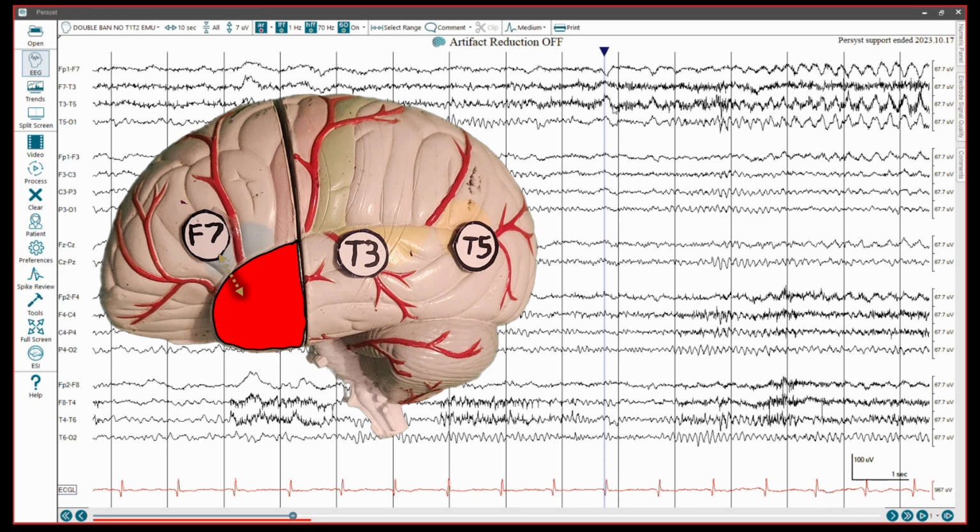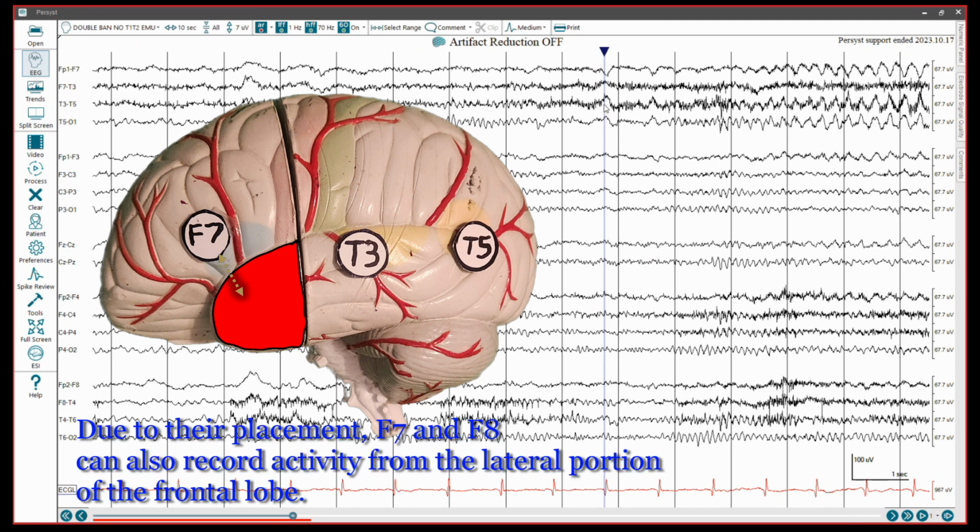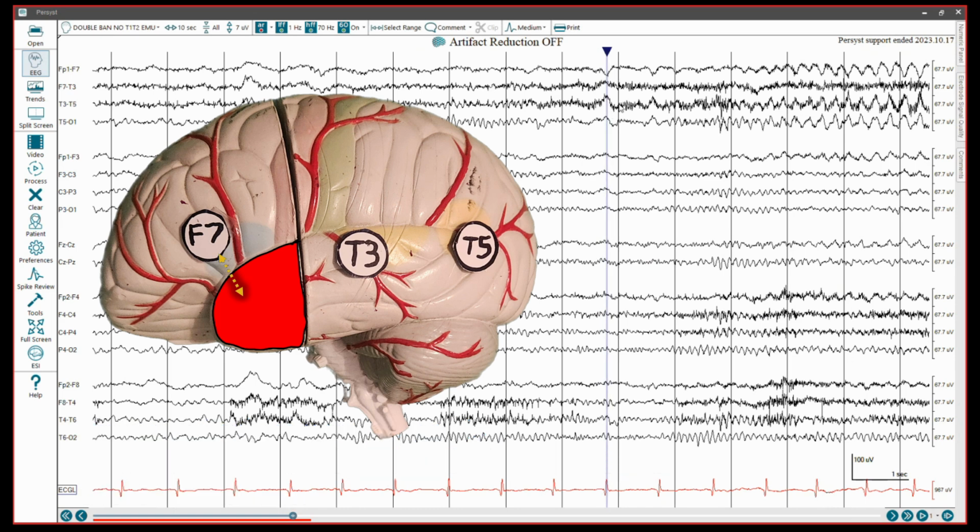They're actually located over the anterior portion of the left and right temporal lobes or temporal tips. So in this particular discharge, we're seeing a sharp wave discharge, which is being recorded from the left anterior temporal region. You can see that it's phase reversing, and F7 and T3 have a more or less equipotential.